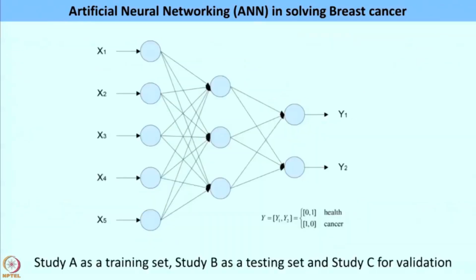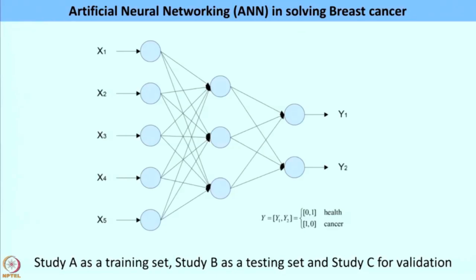After this, they tried to prepare an artificial neural network model, taking study A as a training set, study B as a testing set and study C for validation. In most cases of this kind of artificial neural network, around 70% or more of the data needs to be taken for the training set, whereas for study B 30% of the data is taken.